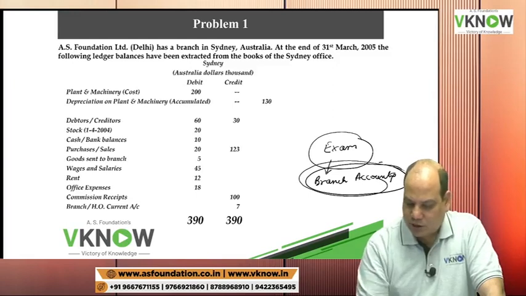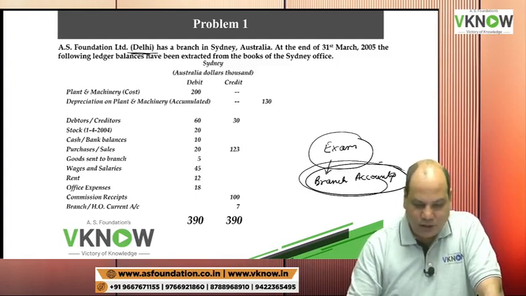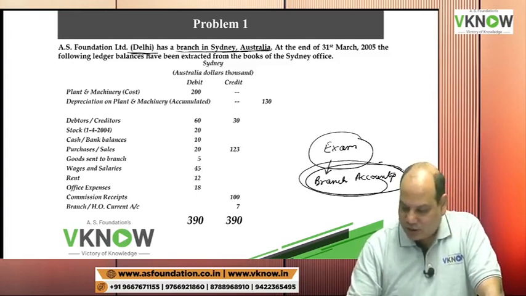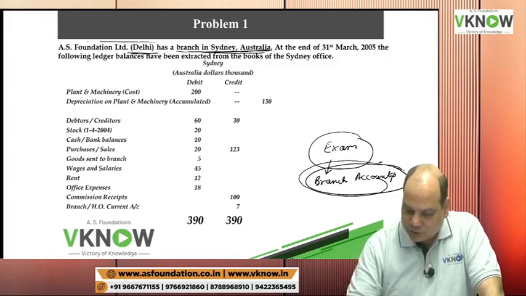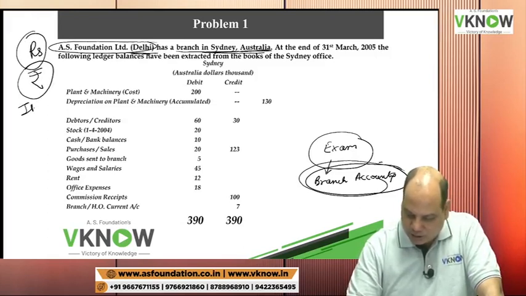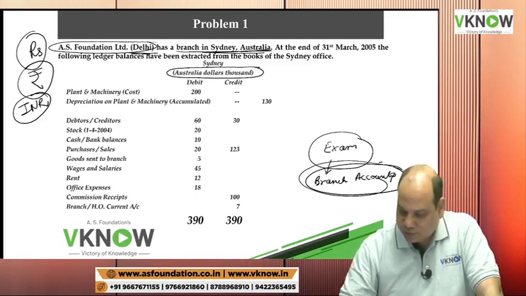AS Foundation, Delhi, has a branch in Sydney, Australia. What is the currency of AS Foundation? Rupees, INR, whatever you call it. And the currency of Australia is the Australian dollar.